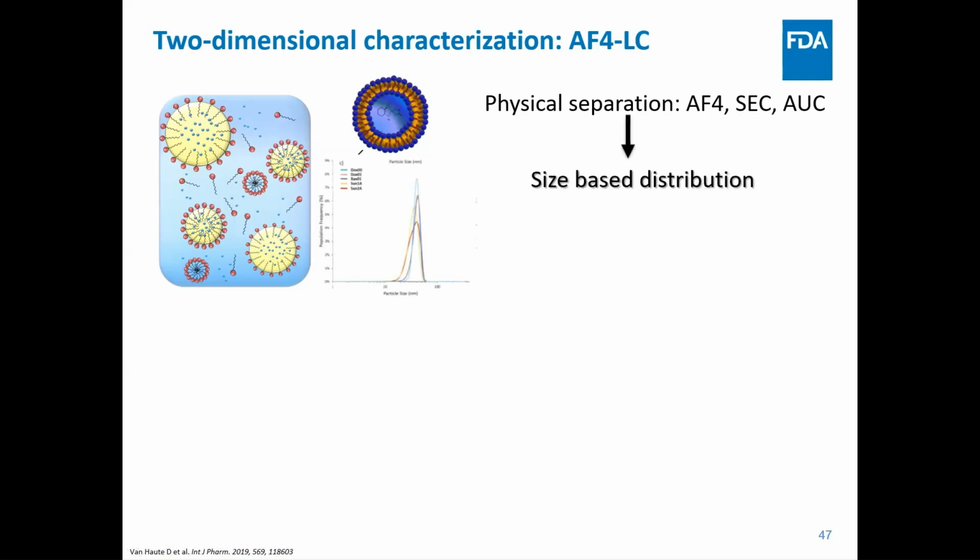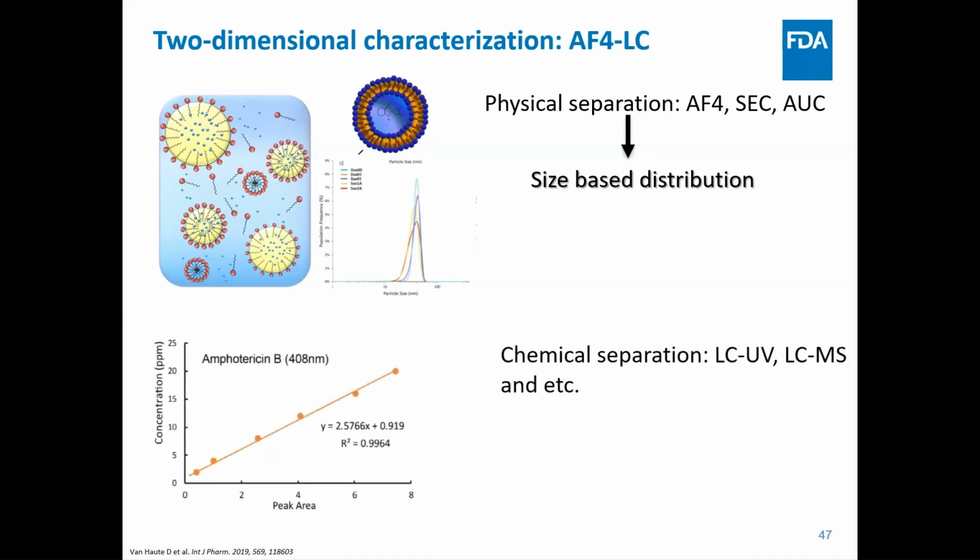Not only do we want to know the size distribution, we also want to know how much API is loaded in each size fraction, and whether there's any variation in the excipient profile in the smaller compared with the bigger ones. For the chemical composition information, in most cases people use LC, UV, or LCMS, but if they are used alone, in general we can only know the total amount of a certain compound.